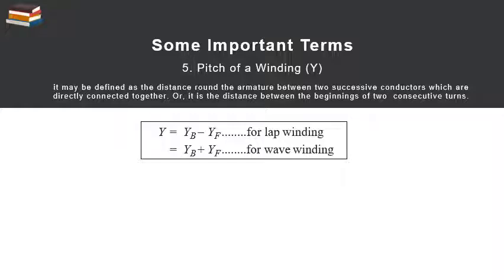So capital Y is equal to YB minus YF for lap winding, where YB is called the back connection or back pitch and YF is called the front connection or front pitch. And for the wave winding, Y is equal to YB plus YF.